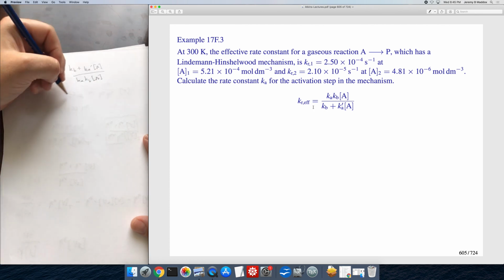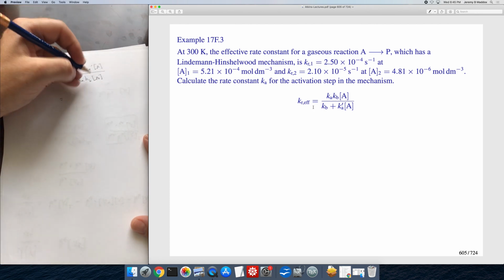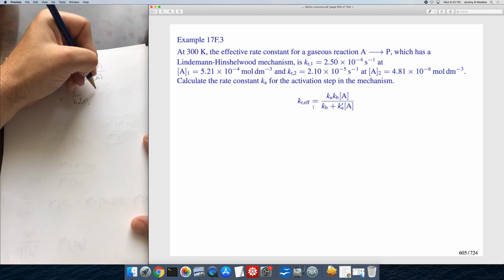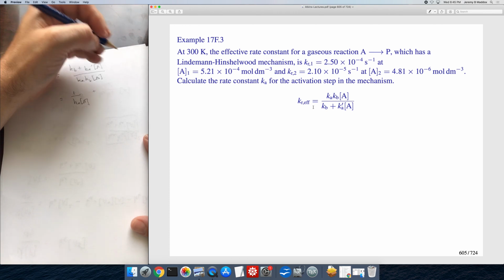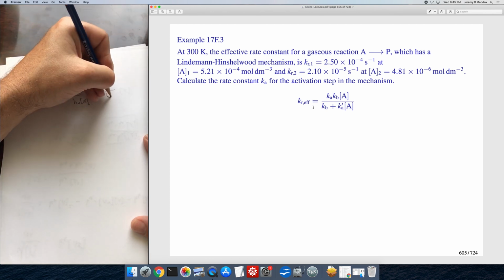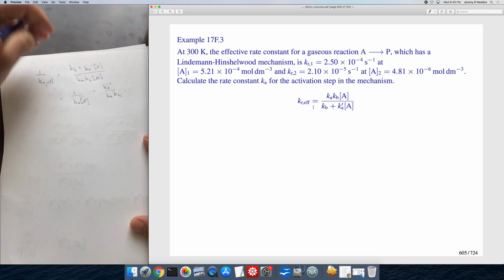Here what we can do is distribute this, and so we'll get 1 over Ka times A plus Ka prime over Ka Kb.